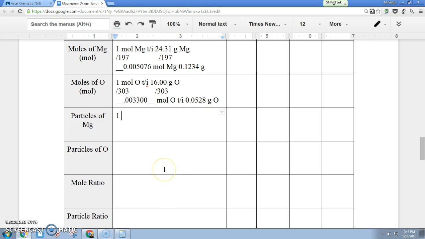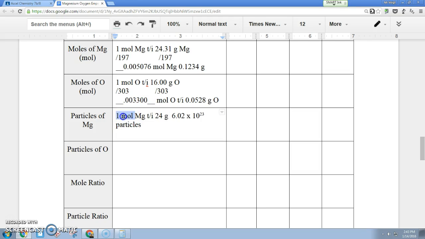Particles of magnesium. I know that 1 mole of magnesium has 6.02 times 10 to the 23rd particles. I could have also said that this is 24 grams.